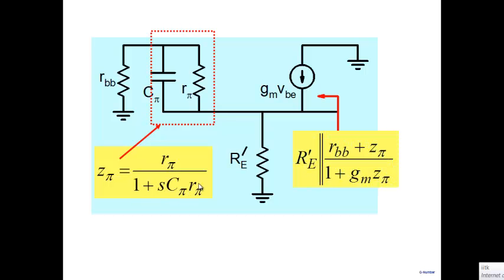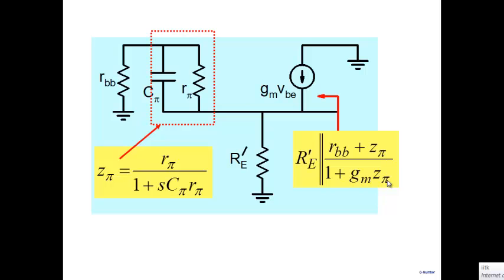When I look from the emitter side, we said the impedance is Re dash in parallel with whatever is on this side divided by beta. It was not really beta; if you recall, it was 1 plus GM R pi.